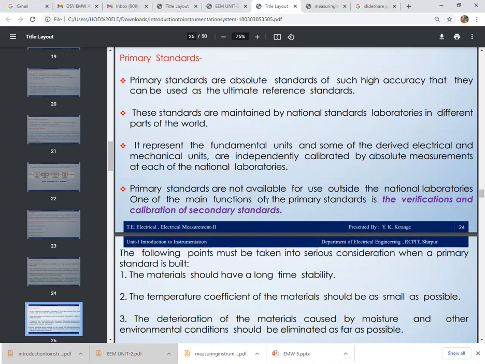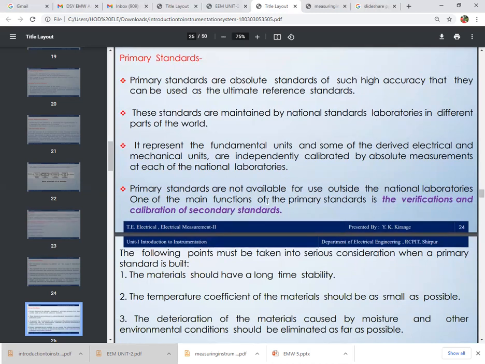One of the main functions of the primary standard is the verification and calibration of secondary standards. The secondary standards are verified and calibrated by the primary standards.